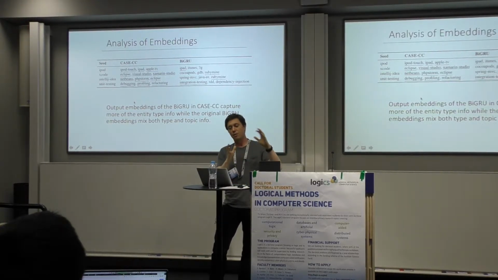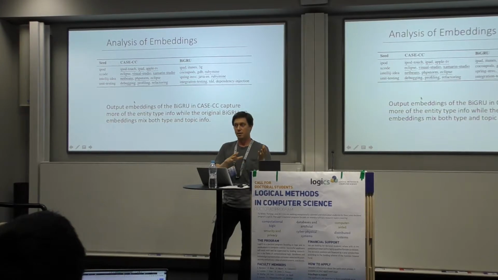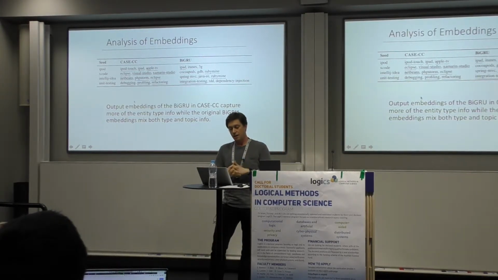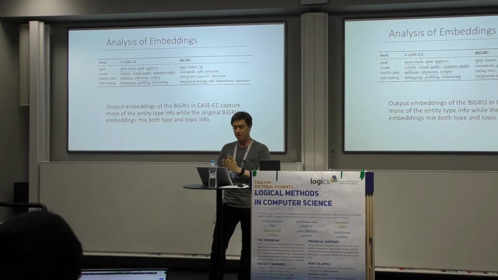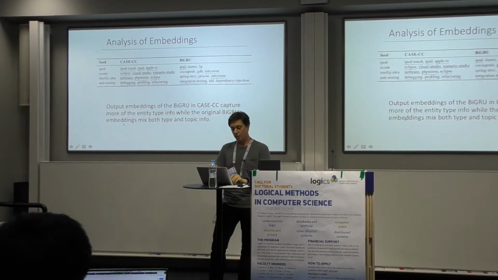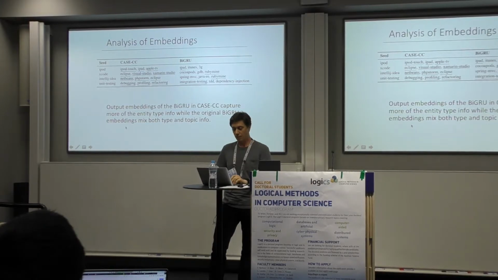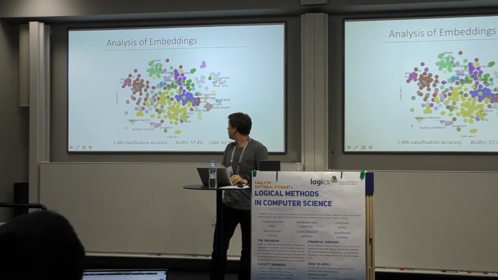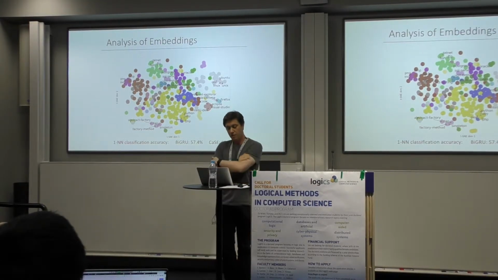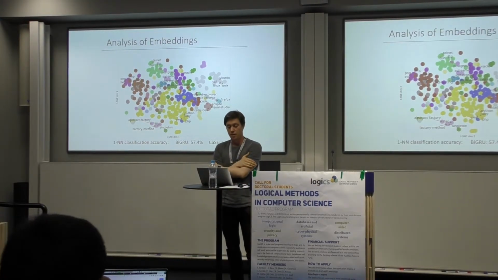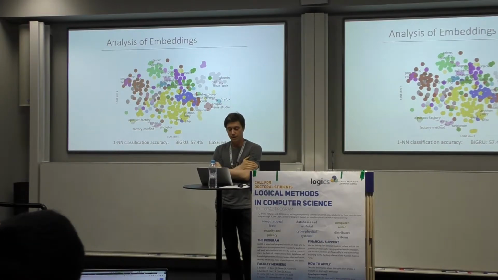So by factoring out the context information in the co-occurrence counts model, the language model in CASE is able to focus more on this sort of type or syntax information. And here's just a pretty picture showing the output embeddings for the CASE model. It really clusters things of the same type.